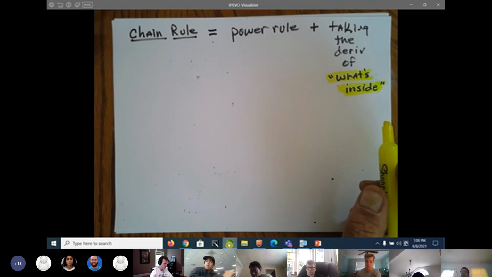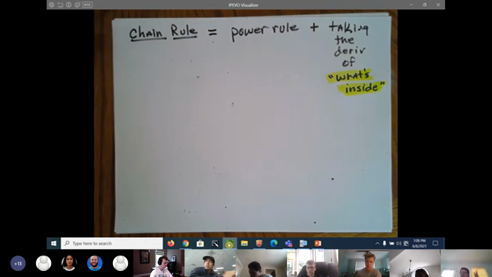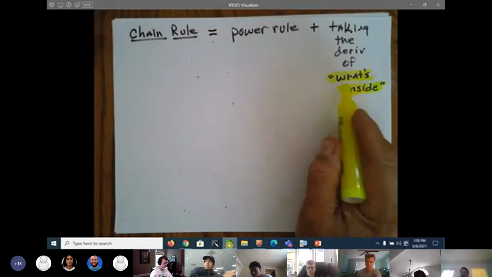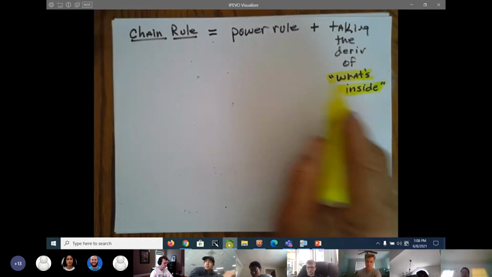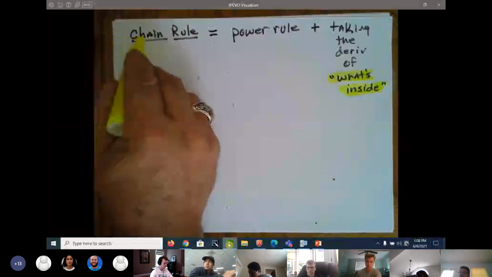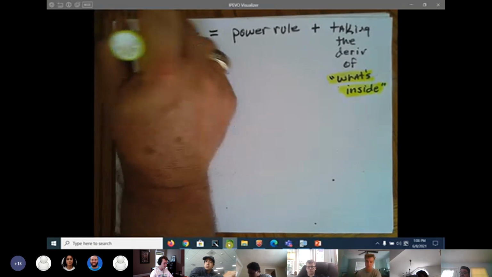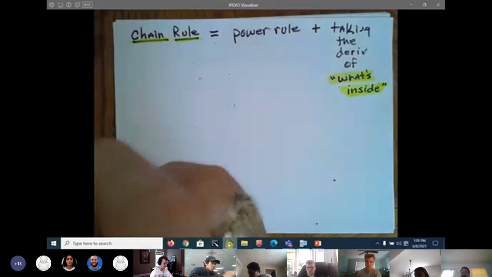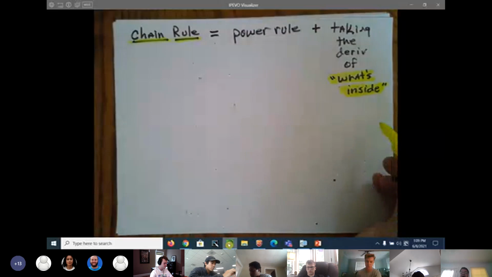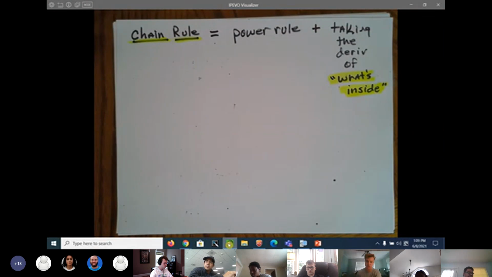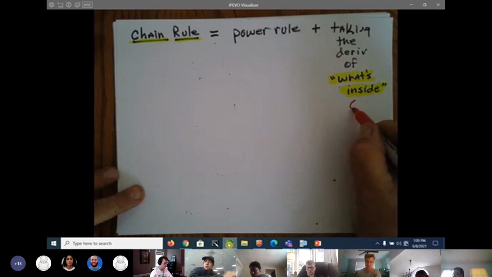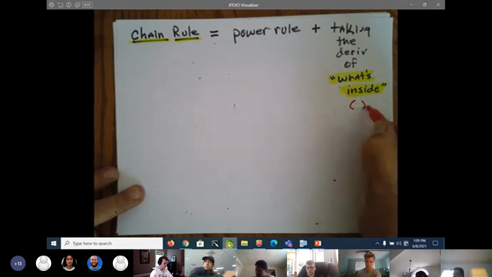That is a common term with the chain rule. You've got to do the derivative of not only what you've got, but what's inside. What's inside what? Usually, what's inside parentheses.